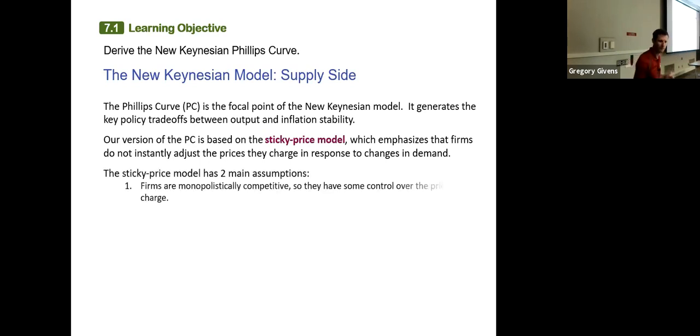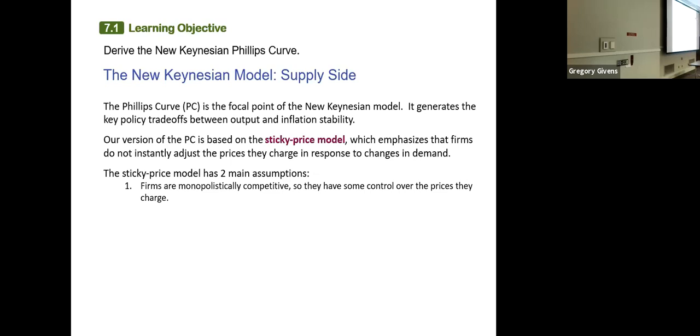Now, there are a couple of key assumptions within this model that I need to briefly touch on here. One is that the firms that inhabit this particular model are monopolistically competitive, okay? They are not perfectly competitive, like you talked about in your macro principles class, okay? Under perfect competition, you guys recall what firms have to set their prices equal to.